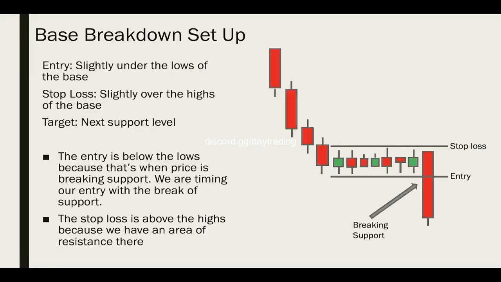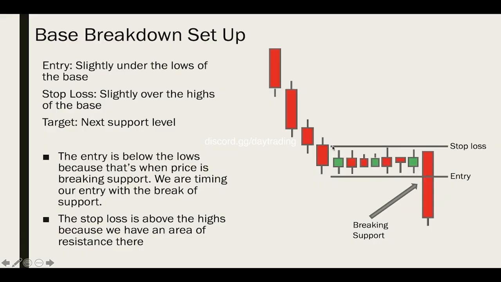So what's the entry? It's the same exact thing, except the opposite. Our entry is going to be under the lows of the base, and our stop loss is going to be over the highs of the base, because we are entering when price is breaking that level of support. That's when we're timing our entry.